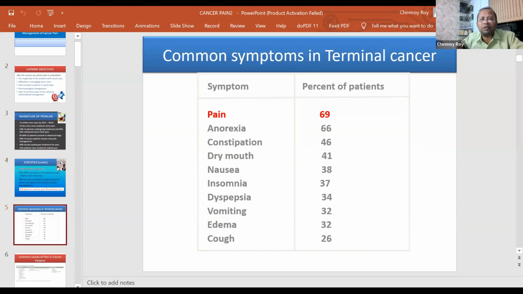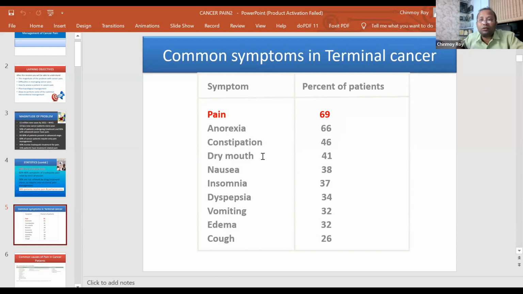Common symptoms in terminal cancer. These are all common symptoms. You can see pain is the main symptom in 69% of patients. Anorexia and constipation are the other symptoms. Constipation can be due to cancer also, but otherwise it is the opioid which gives the constipation symptom.